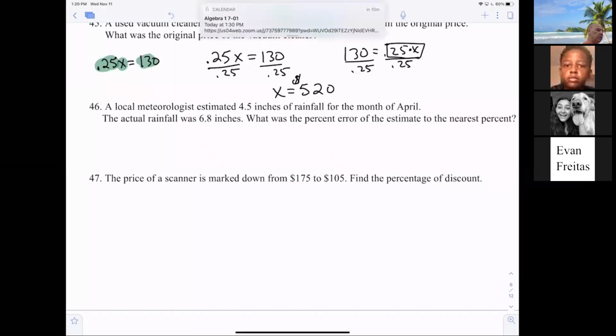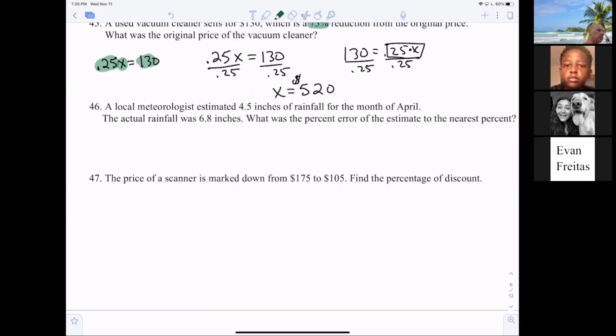So I need everybody to do 6.8 minus 4.5 and divided by 6.8. So that's brilliant. 2.3 divided by 6.8. So it's about 33%. You agree with that, everybody? Misha, you okay with that? The change divided by the actual.